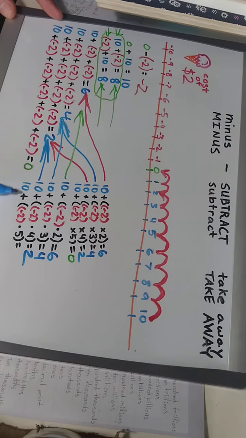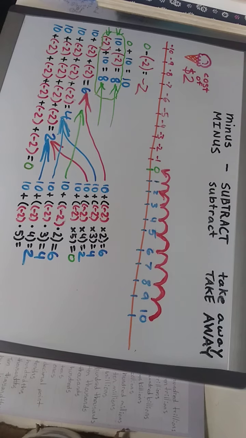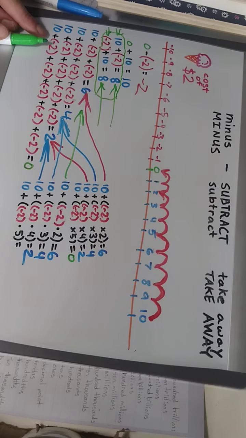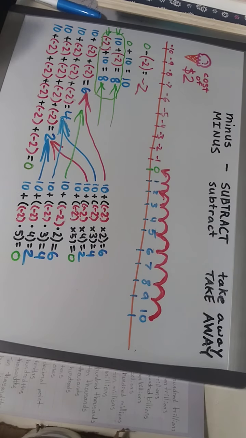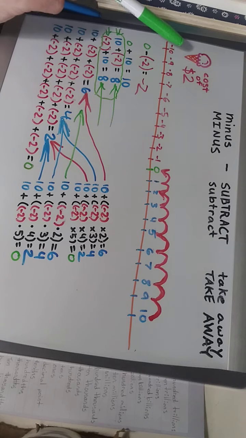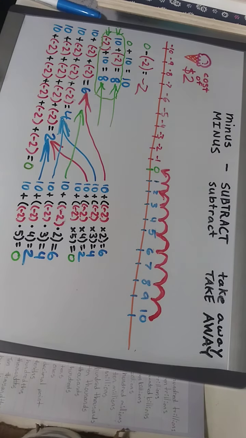So 10 plus negative 2 times 5 equals 0, because 10 plus negative 2, how many times? 1, 2, 3, 4, 5 times equals 0. Because the cost of the ice cream is $2 each, so you're spending 2, 4, 6, 8, $10. So you're left with 0.